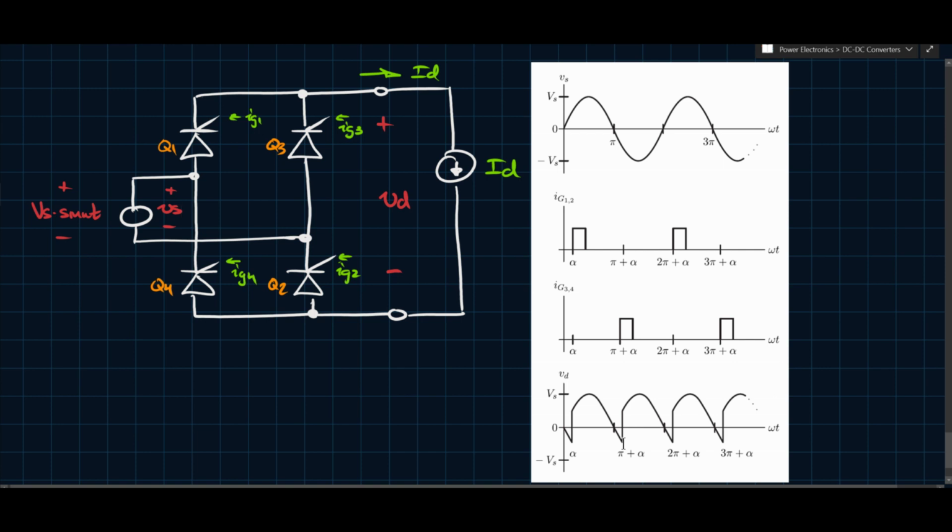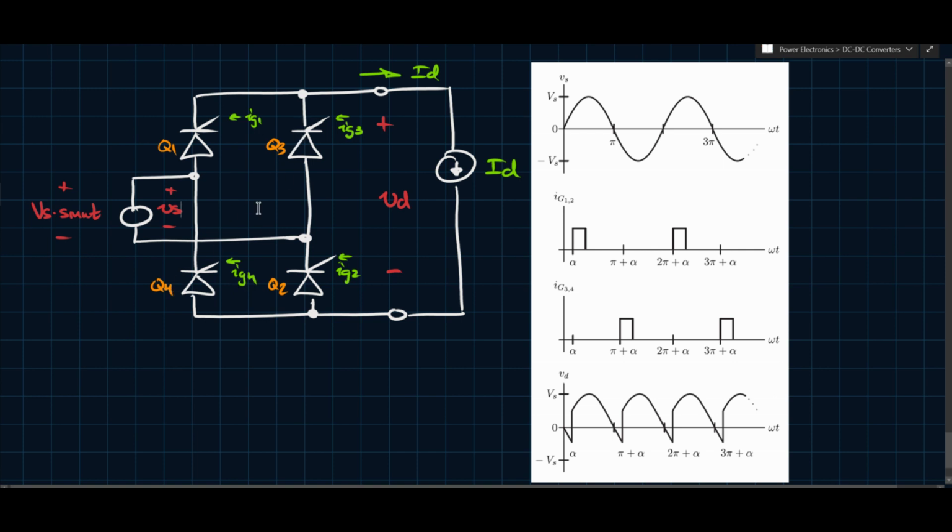The reason this goes negative is because current doesn't switch from one pair of devices to the other until the other devices turn on. So despite the fact that this voltage crosses 0, these devices will continue to conduct, and they will only change states once the other devices are turned on and force the first two to turn off.